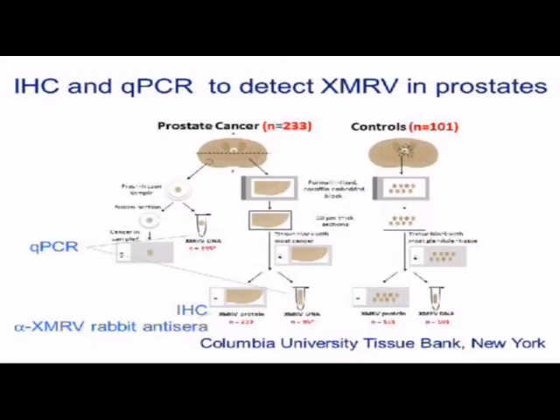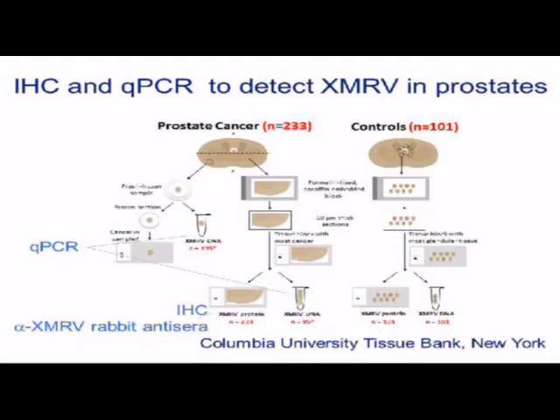So these are all people who had benign prostatic hyperplasia, which is a condition that elderly men often develop. And they're treated with a transurethral resection. So this was the transurethral resection sample. And we analyzed these samples by our quantitative PCR and by our immunohistochemistry using the antisera.